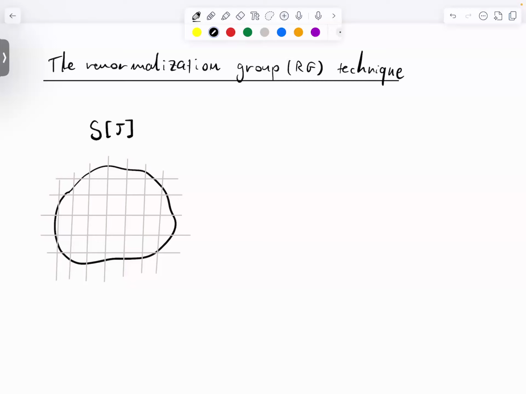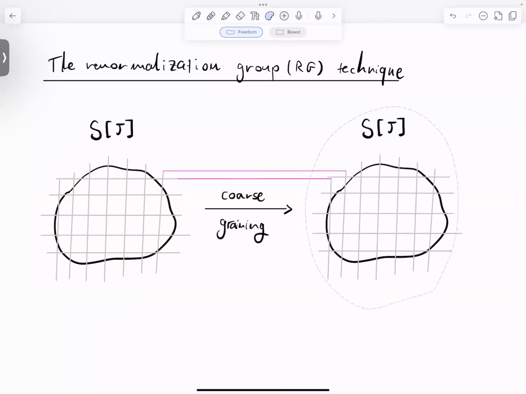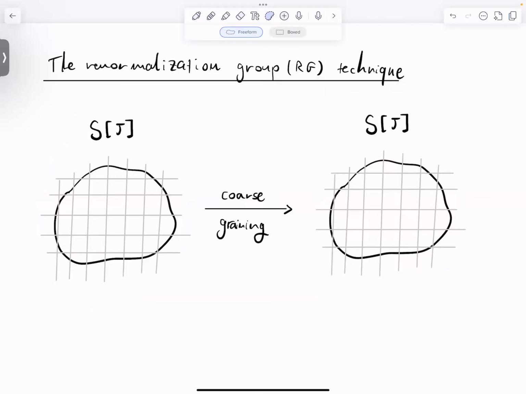And then we want to perform something known as coarse graining. Okay, so the idea behind coarse graining would be that we basically eliminate degrees of freedom.